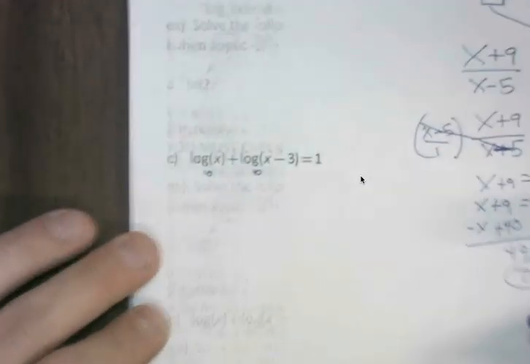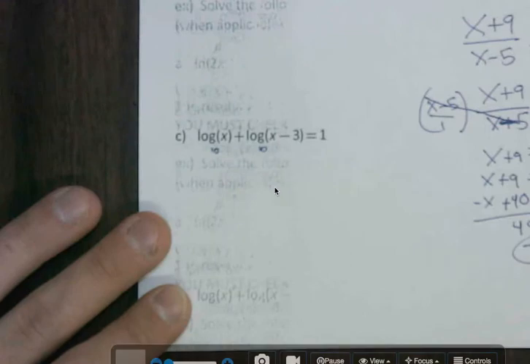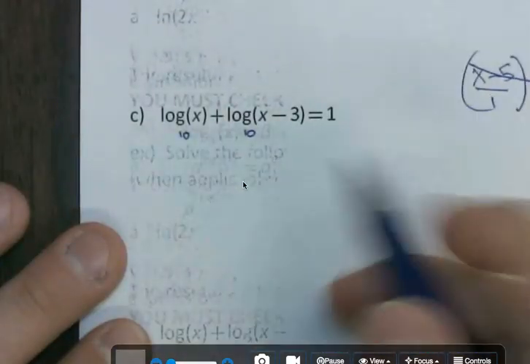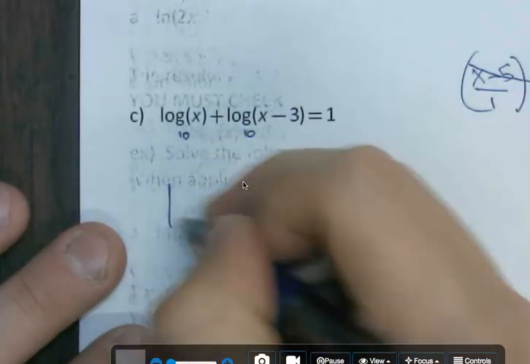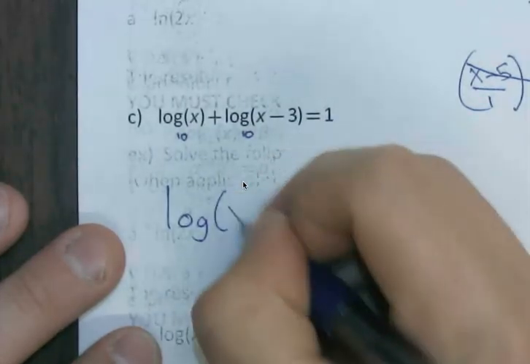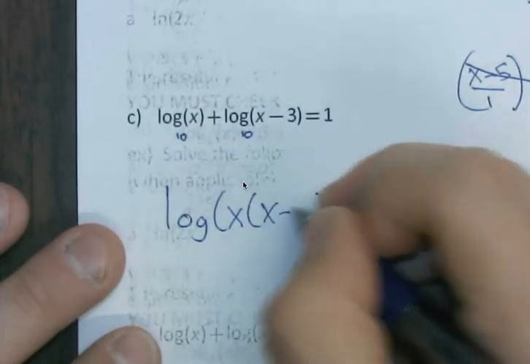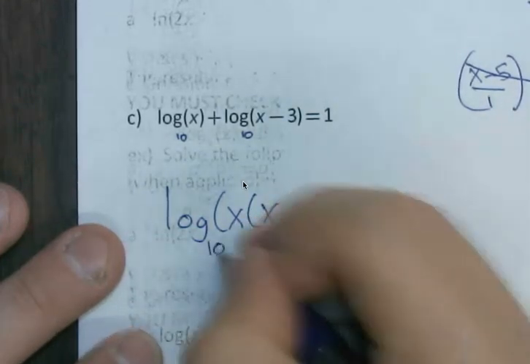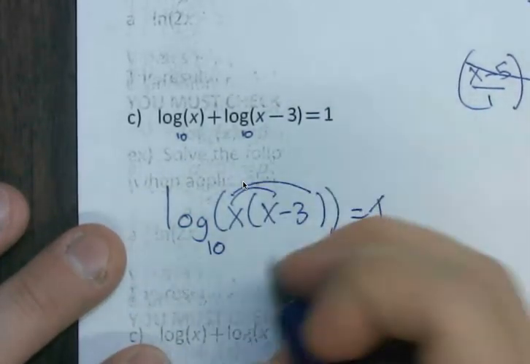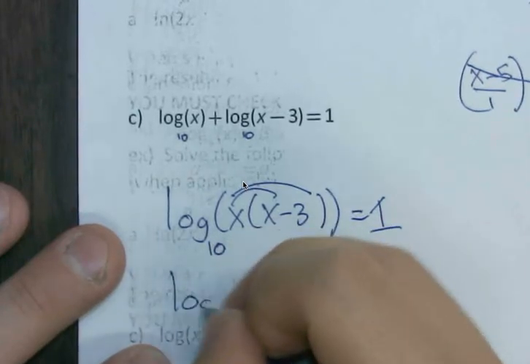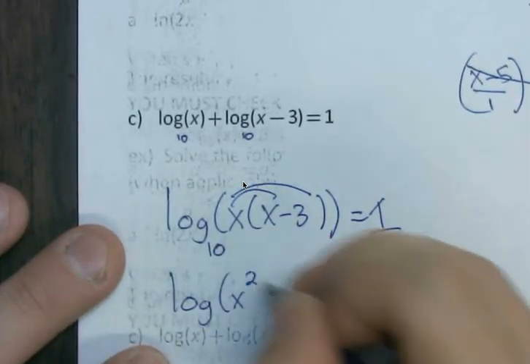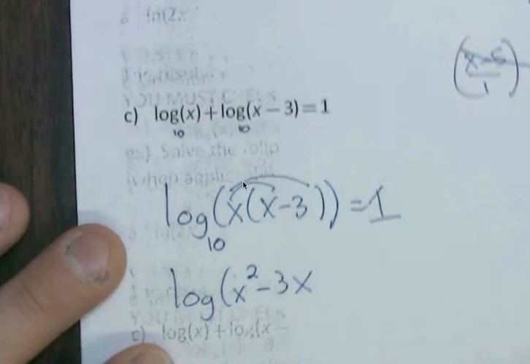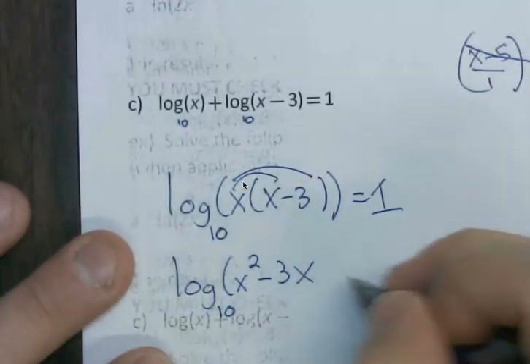And we'll try this one out. Now with log base 10, we see that we're adding. We can treat these as if they're multiplying. So with x, and then x minus 3, should be equal to 1. If we rewrite this, this is log of x squared minus 3x, still with base 10.